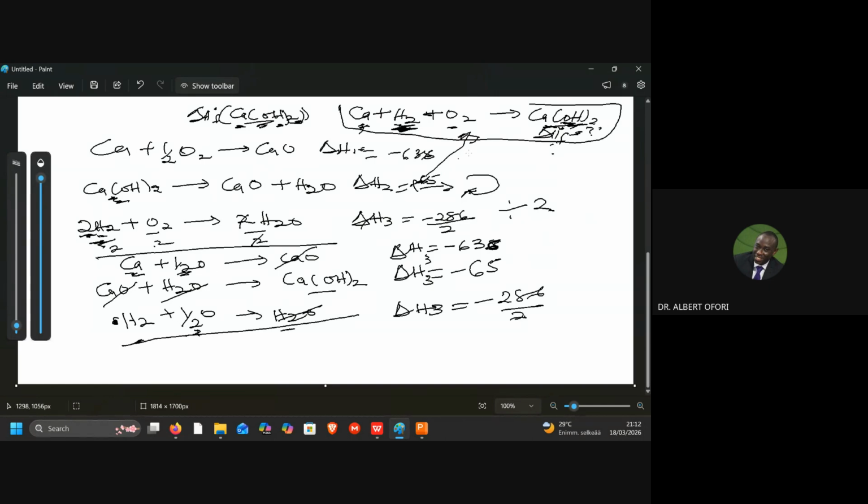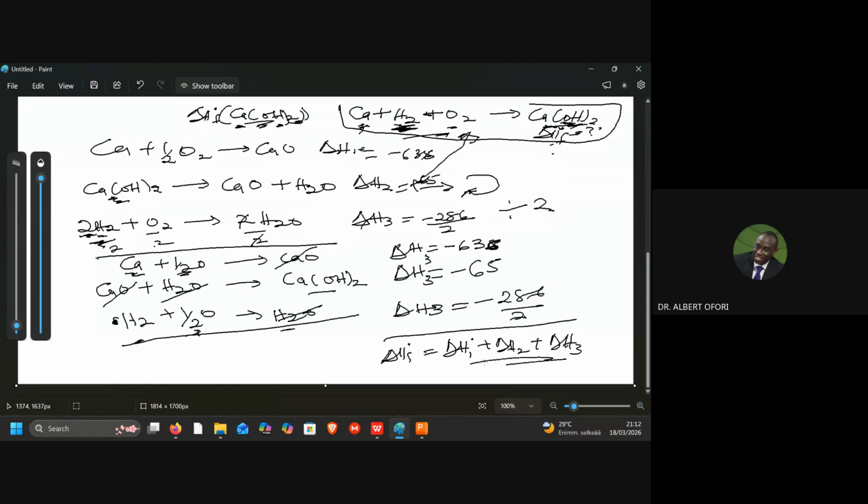That is what I'm getting here. And that means that once I sum the equations, the enthalpy of formation is the summation of all, so that is enthalpy 1 plus 2 plus enthalpy of 3.